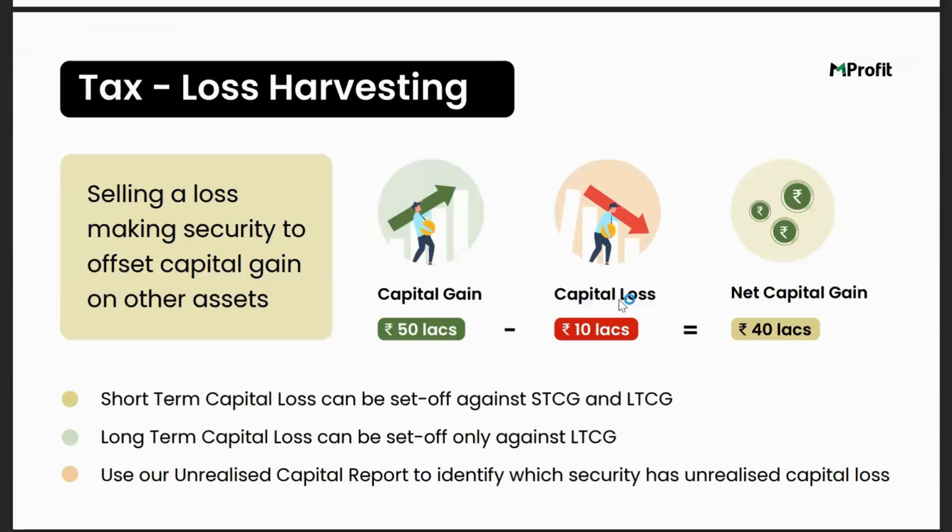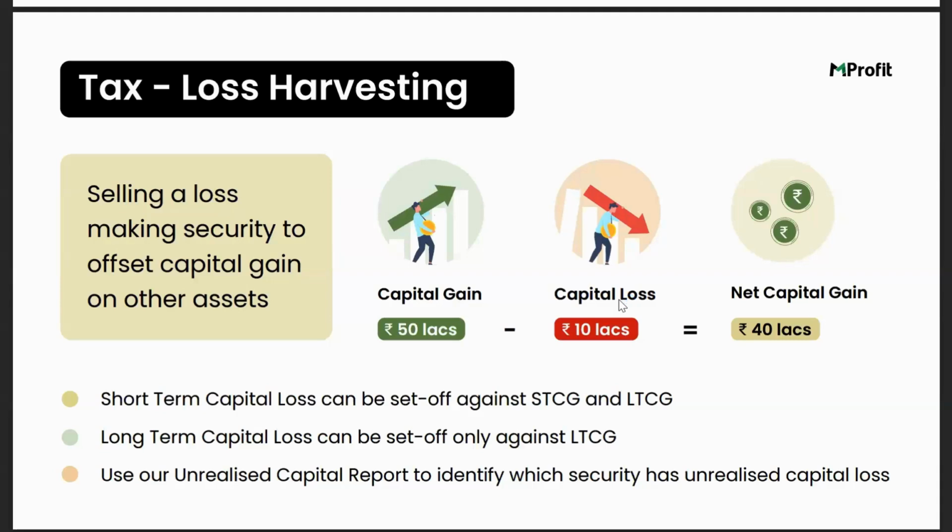What tax loss harvesting essentially means is that you can sell a loss-making security to offset the capital gains on other assets. So for example, if your capital gain is 50 lakhs and you sell a scrip where the loss is 10 lakhs, then you can offset that against your 50 lakh capital gain to give you a net capital gain of 40 lakhs.